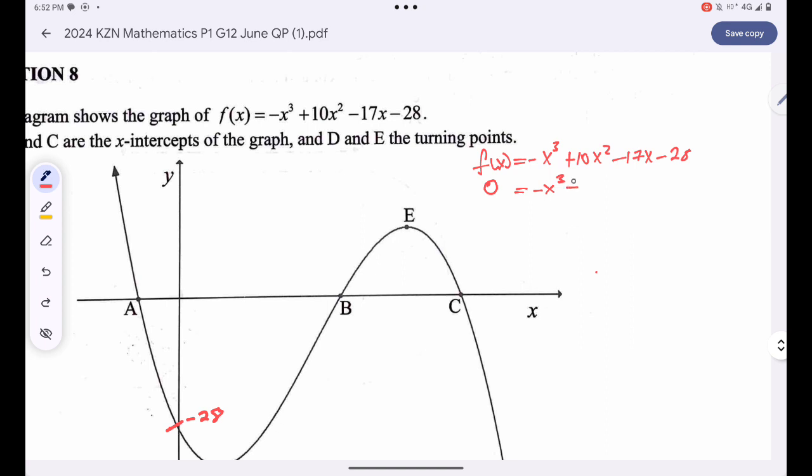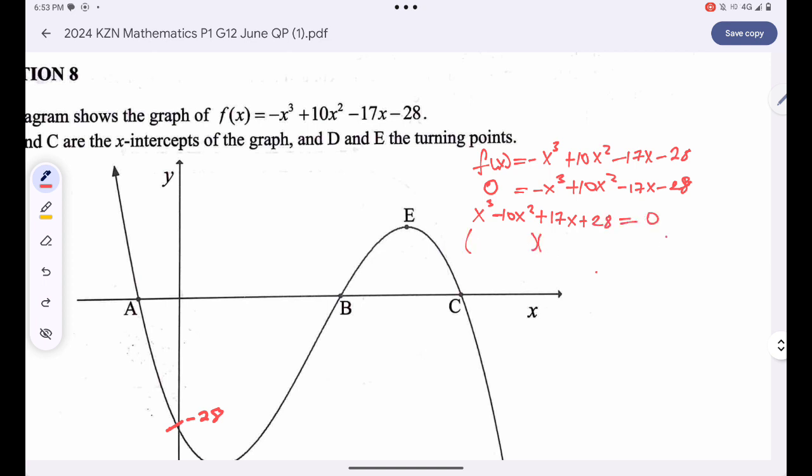Negative x cubed plus 10x squared minus 17x minus 28. I can simply transpose this, or rather bring this to the other side. I'll have positive x cubed minus 10x squared plus 17x plus 28, and this will be equal to 0.